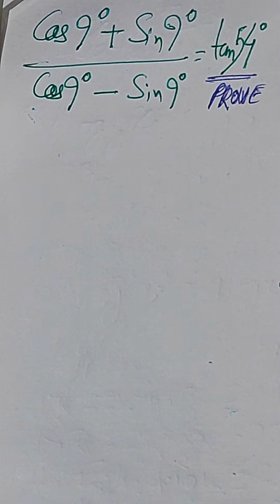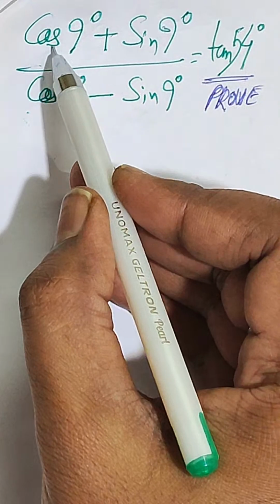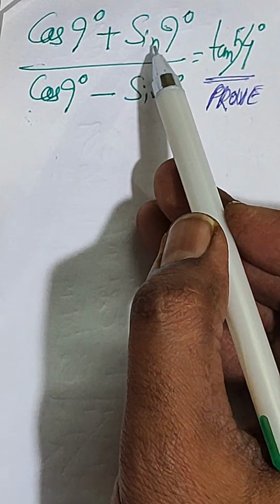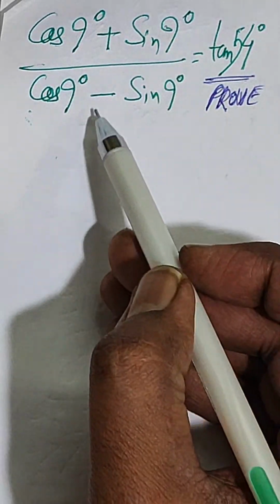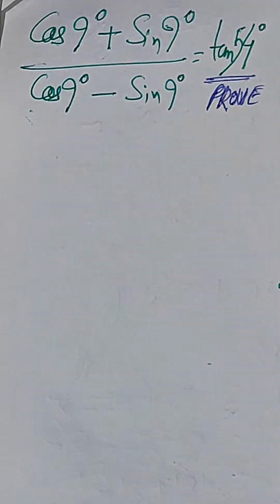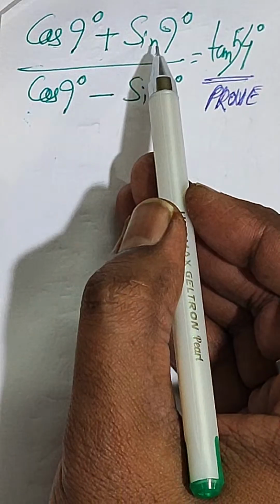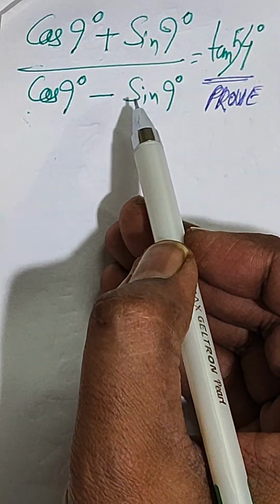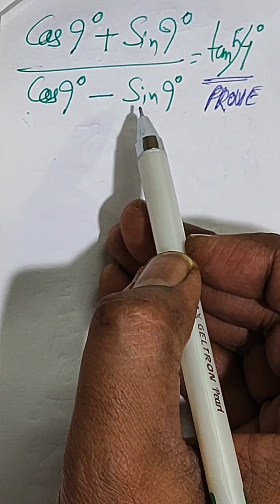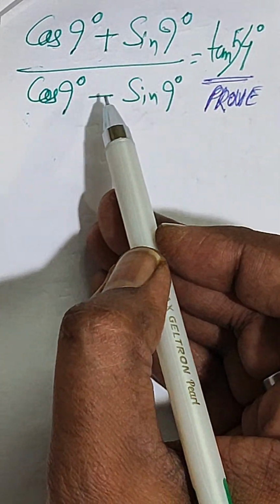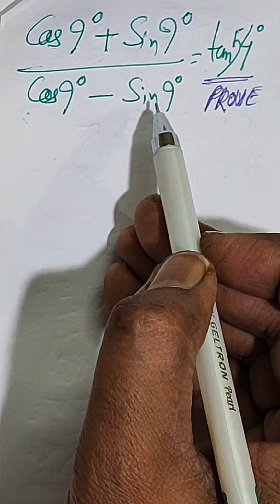So students, in this question you can see again the application of tangent can only be done when the numerator is divided by either sine or cos, and similarly the denominator will be divided by either sine or cos. Suppose you are targeting to divide the numerator by sine, then the denominator should also be divided by sine. And if you are targeting to divide the numerator by cos, then the entire denominator of the LHS should also be divided by cos.